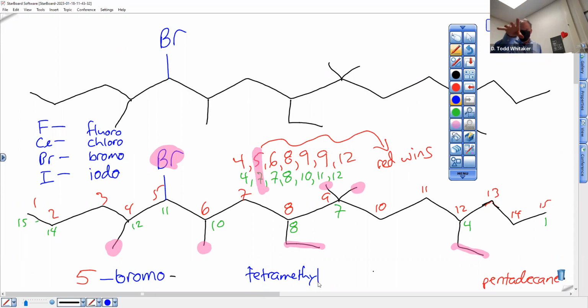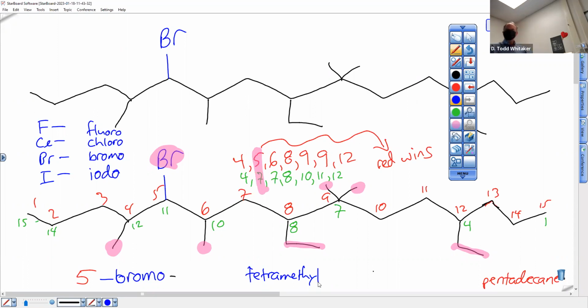Get this right the first time and you'll never make the same mistake over and over again. Each methyl in tetramethyl, there's 4. Each one gets a number. If you write 3 numbers in front of tetramethyl, quarter point thrown away by you.